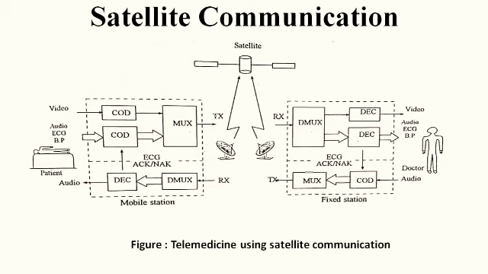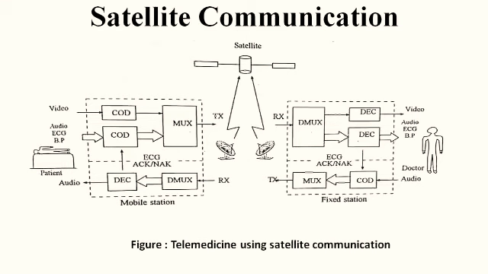In the mobile station, the different physiological parameters of the patient like audio, ECG, blood pressure, body temperature, and even the video of the patient are collected and coded, and all these signals are multiplexed. Then, with the help of a transmitter antenna, they are transmitted towards the destination using satellites.